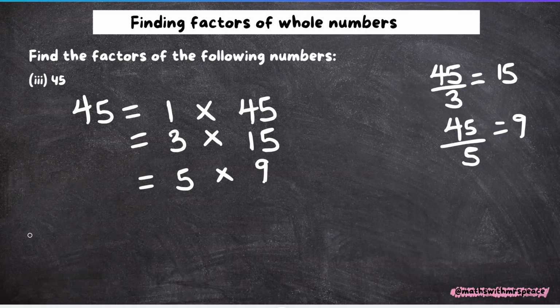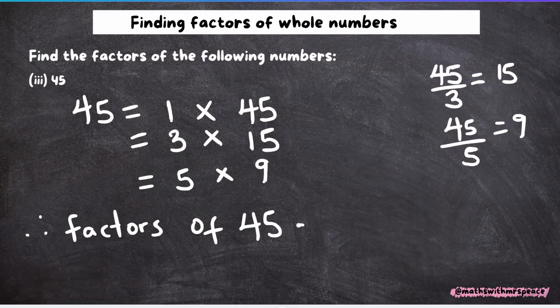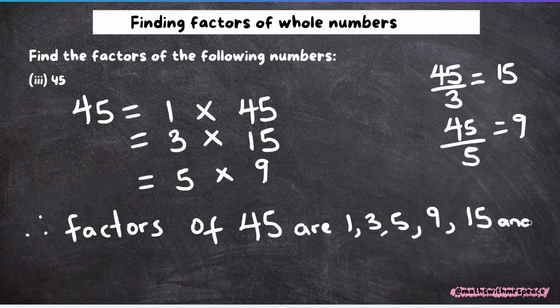So therefore, factors of 45 are 1, 3, 5, 9, 15, and 45 itself.